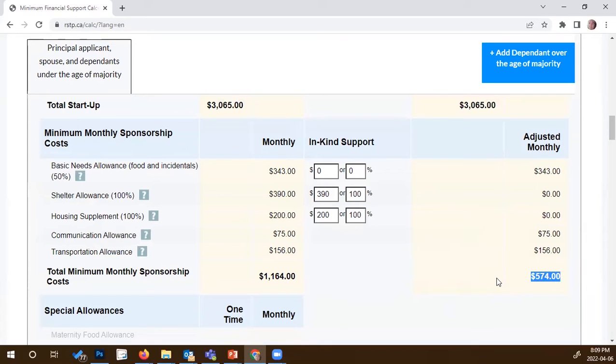So when I make in-kind deductions, I always want to make sure that I have proof documentation to demonstrate that I am allowed to make those deductions. So in the case of a shelter allowance, I would need to prove that the person who signed the undertaking document, who is providing shelter, has an apartment that they live in and that the refugees are living there.